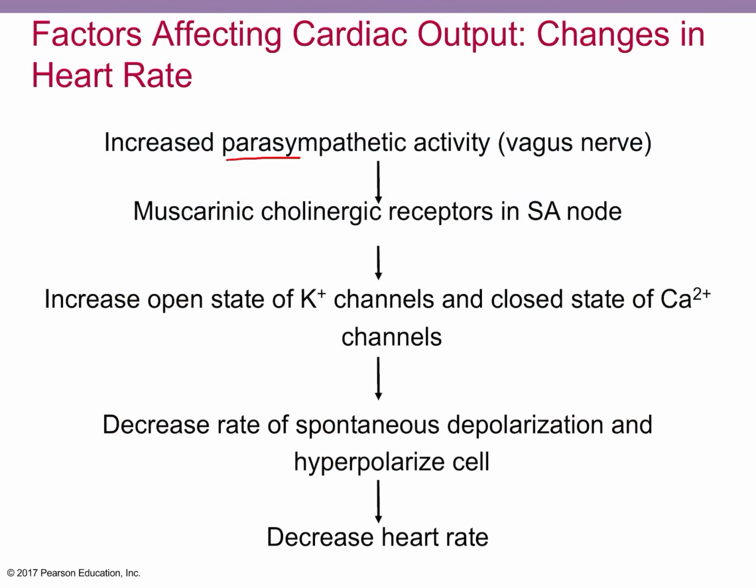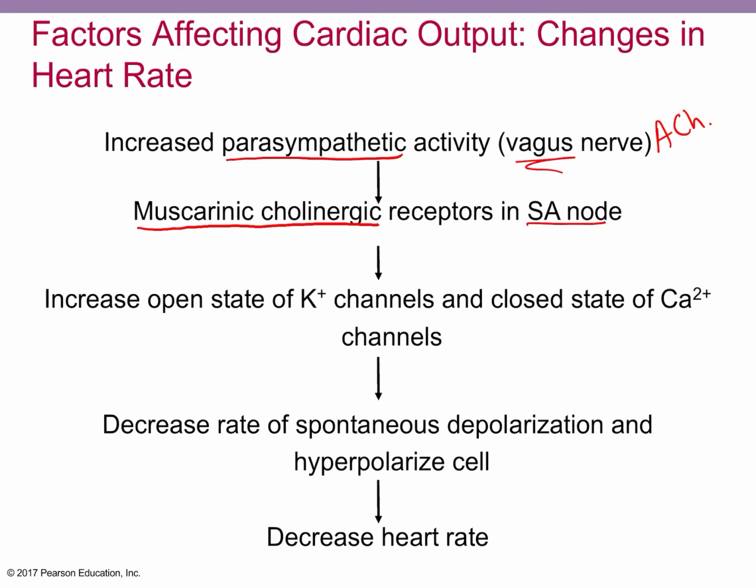Looking at the parasympathetic, right? If you increase your parasympathetic activity, which is your vagus nerve, the vagus nerve sends out acetylcholine. So the acetylcholine is going to act on muscarinic cholinergic receptors. Remember, these are slow. So this is ACh. G protein coupled receptors as well, also in the SA node.